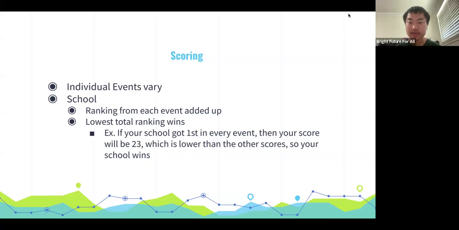For example, if your school was unbelievably good and got first in every single event, then your score would be 23. Because nobody else can have a lower score, your school will win whatever competition you're in. Good job, I guess. Generally, scores under 100 are considered extremely strong.